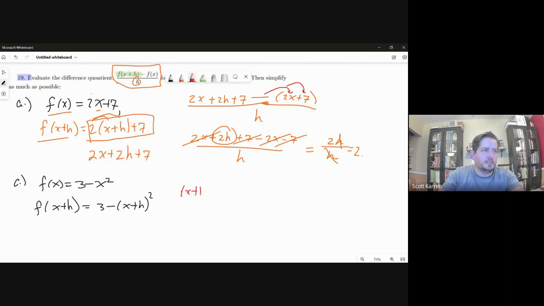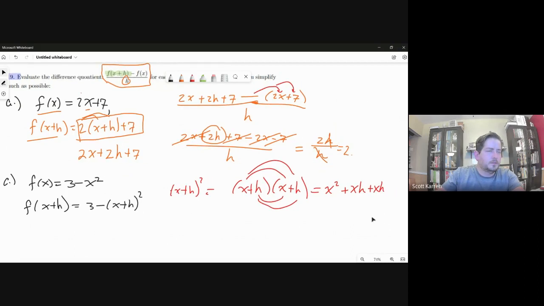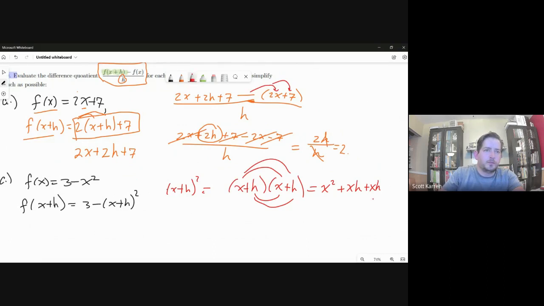X plus h squared is the same as x plus h multiplied by x plus h. And so I'll FOIL. X times x is x squared. X times h is xh. H times x is the same as x times h, so I'm going to write xh again. And then I have h times h, which is h squared.